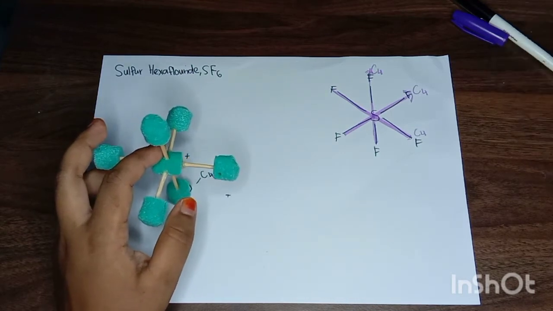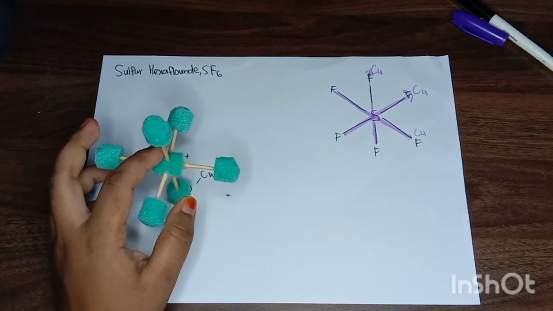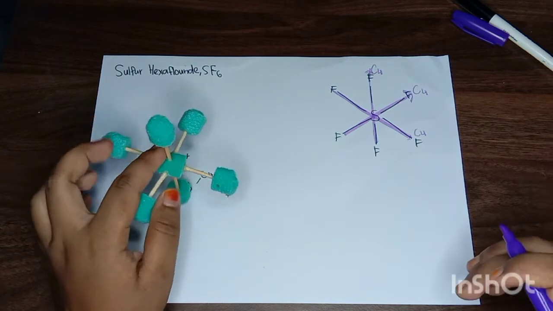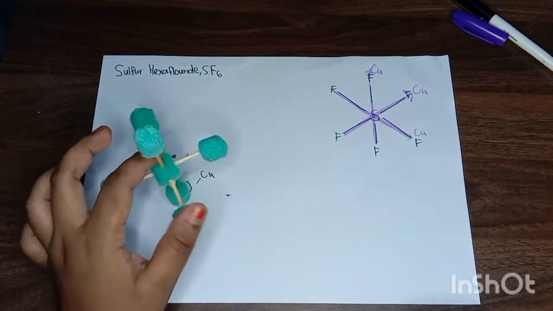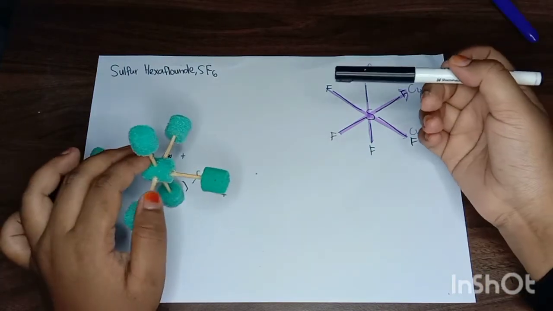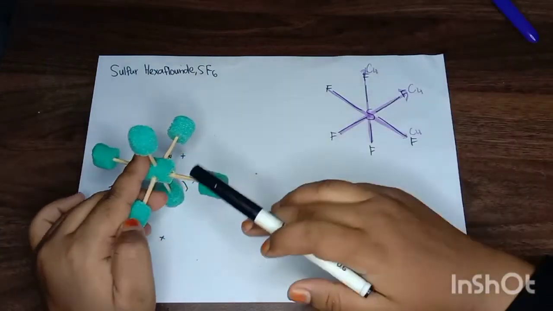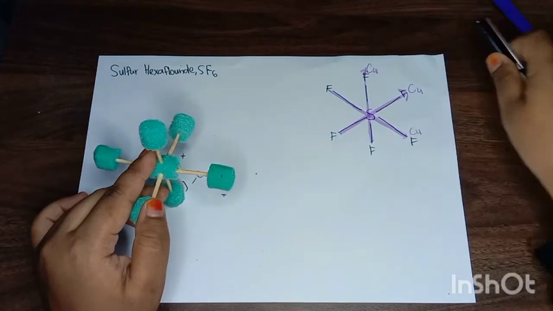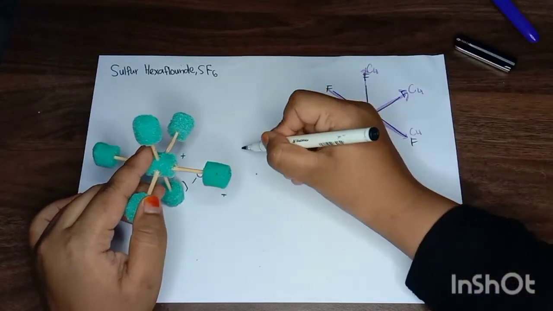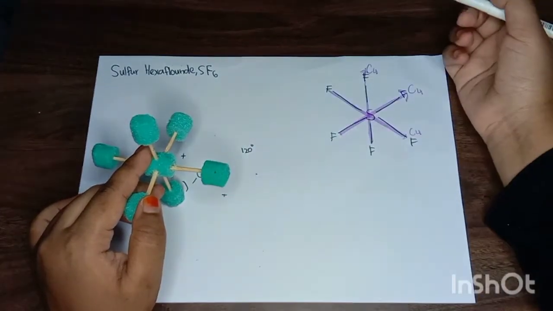Now we will find another symmetry element, which is the C3 element. C3 means that we need to rotate 120 degrees.